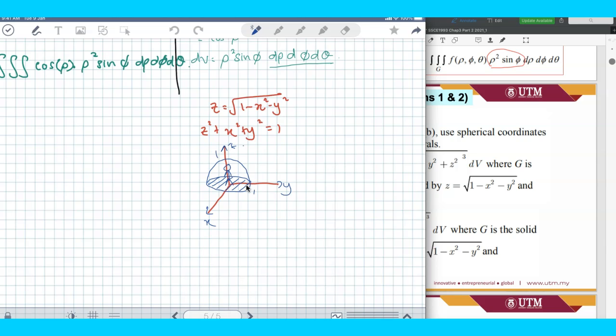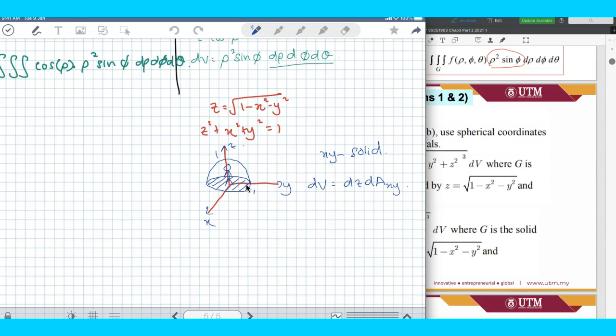Your region is a circle lying on the XY plane. So you can say that this one is an XY solid, meaning that your dV should be starting with dz and then dA on the XY plane.